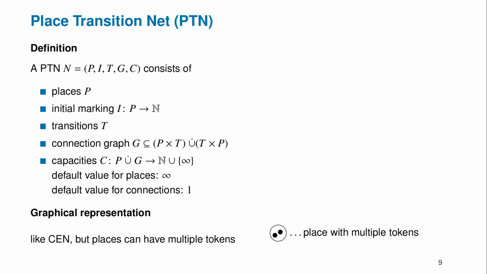And intuitively, the capacity of a connection means if it is an incoming edge for a transition, then it means that a certain amount of tokens is required for making the transition active. And if it's on an outgoing edge, then it means that a certain amount of tokens is produced. Let's quickly go to my writing, then I will show you in detail how this looks like.